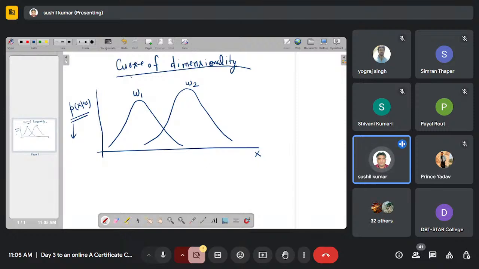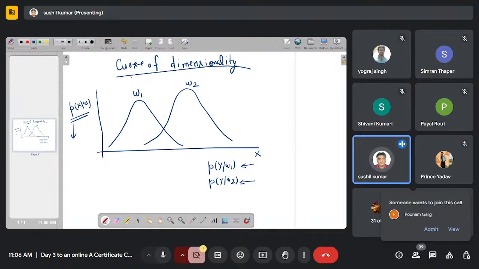We will calculate the probability P(y|omega 1) and P(y|omega 2), and then compare whether it is very near to omega 1 or very near to omega 2. On the basis of that, we can predict whether this particular feature is from omega 1 or from omega 2.